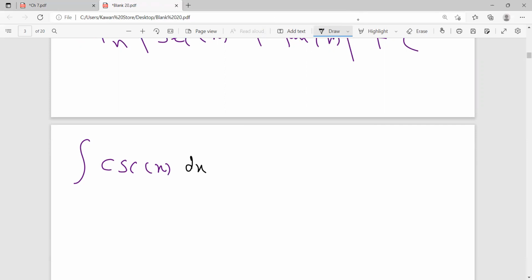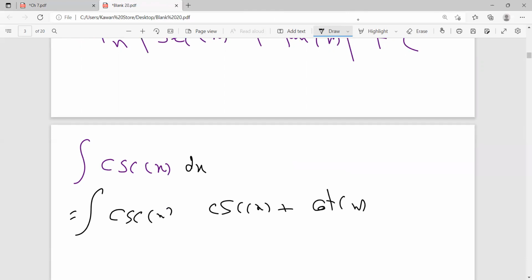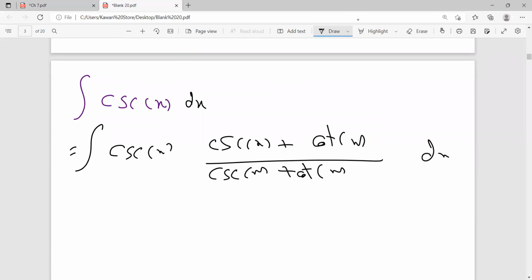Multiply by what? Cosecant plus cotan over the same. So cosecant plus cotan of x. Okay, later, next step, multiply.